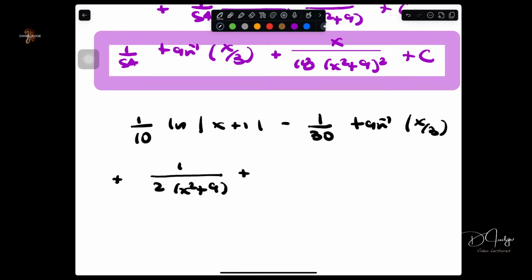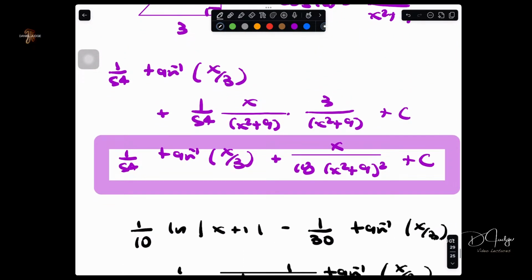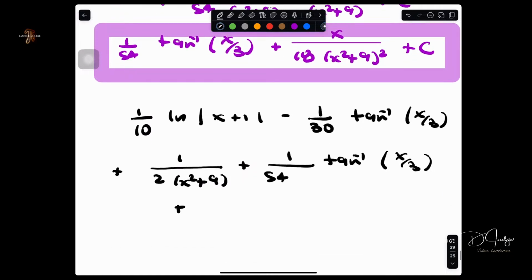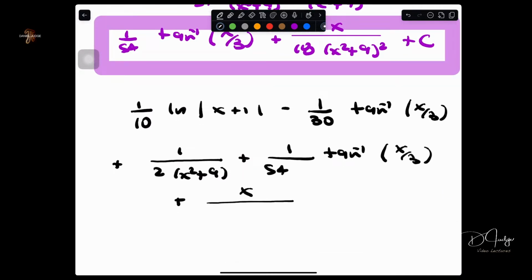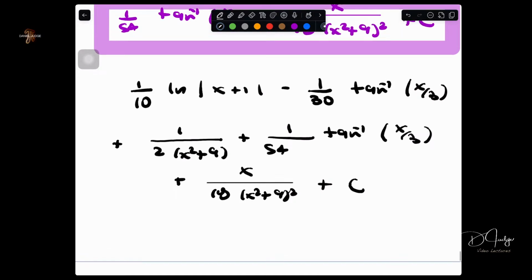So plus 1 over 54 inverse tangent x over 3 plus, I guess that's what we have, x over 18 times (x squared plus 9) squared. And I guess we can combine like terms here, but it's late.